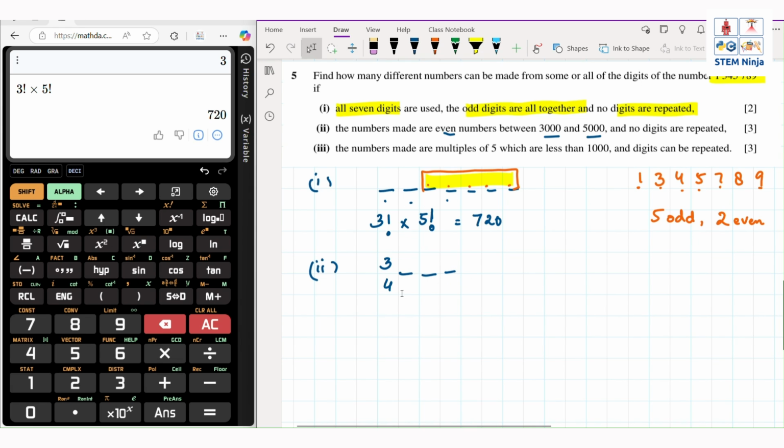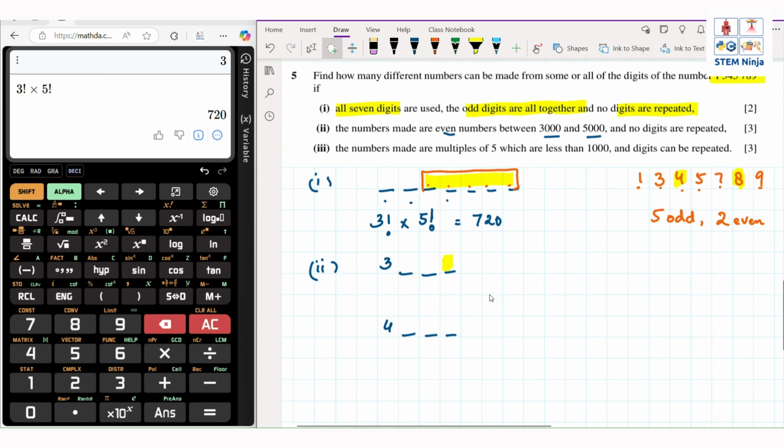We will also have it in 4,000, 1, 2, 3, but we will not have 5,000 because obviously that's the limit. However, for even numbers, the ending digit should be an even digit.